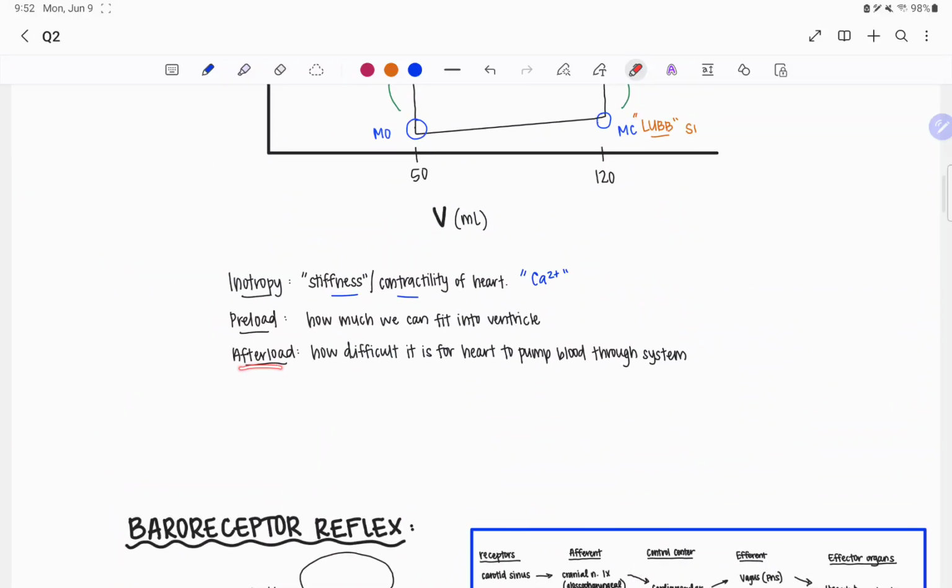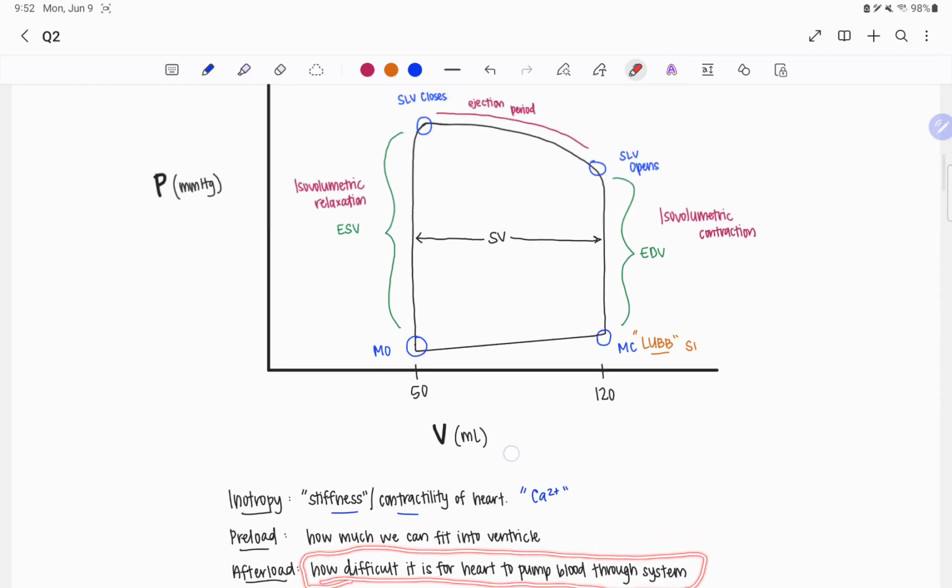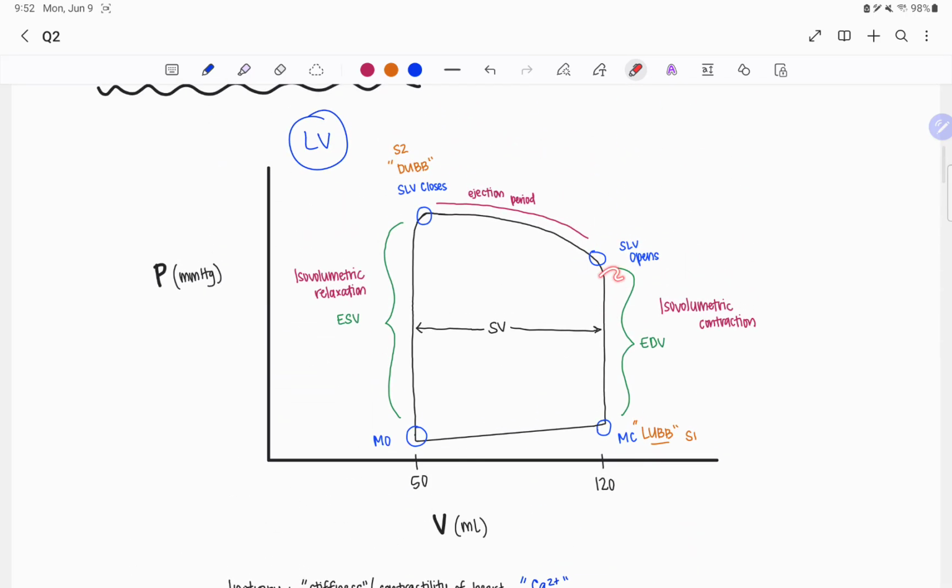We're dealing with afterload. We're talking about how difficult it is for the heart to pump blood through the system. Okay. This is kind of harder to show, but it's not too hard to think about. It would increase this point to up here.